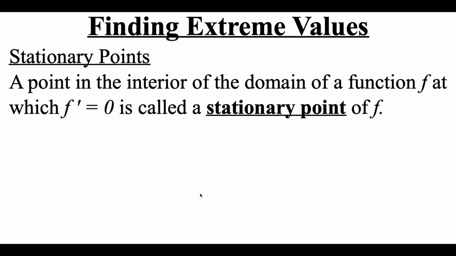Now, there are also these things called stationary points, and a point on the interior of the domain of our function f where the derivative of f is 0 is called a stationary point. And a stationary point can be either a minimum, a maximum, or it might be neither one. And the critical points and the stationary points of a function are not always the same.